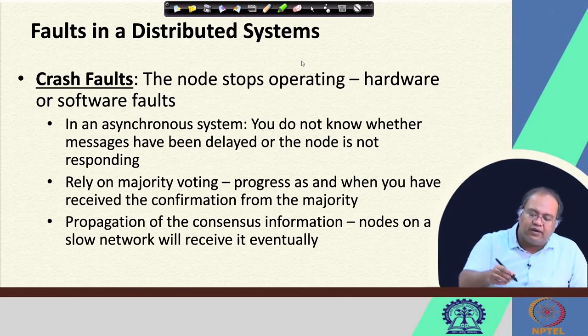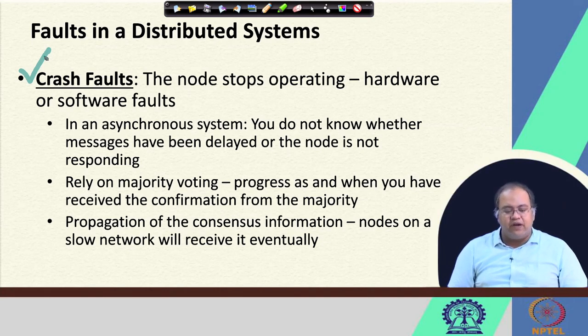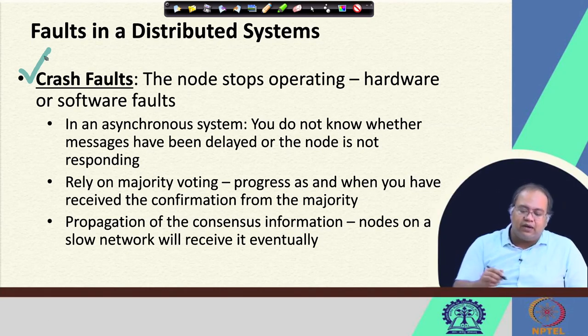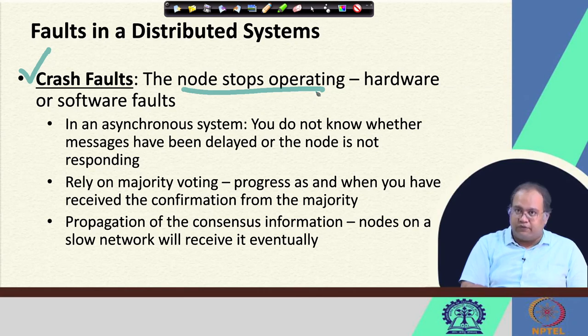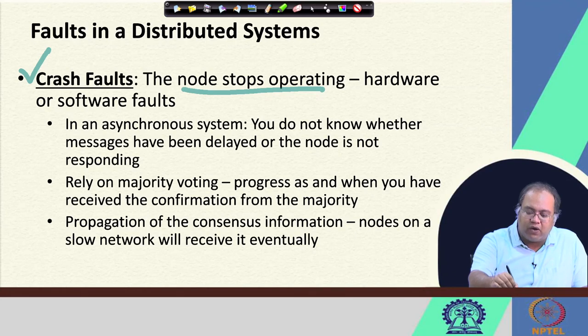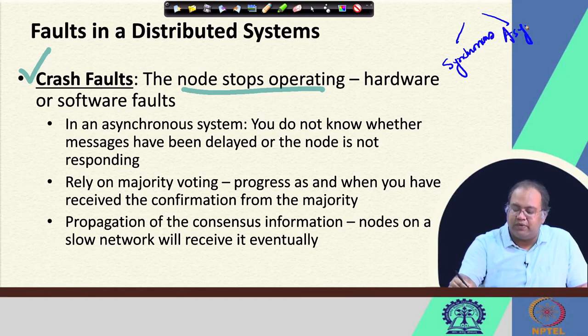The first type of fault that we are going to discuss is the crash fault. The crash fault basically means that the node stops operating. That may be due to a hardware fault or a software fault. Now, as you remember, we have two different types of communication channel. One we call the synchronous communication channel, and the second one we call the asynchronous communication channel.